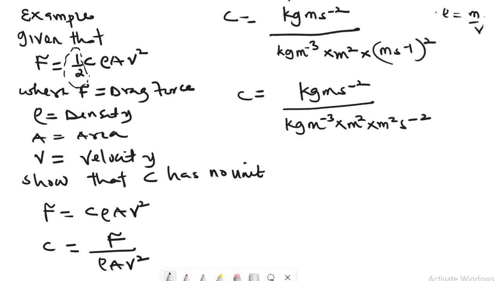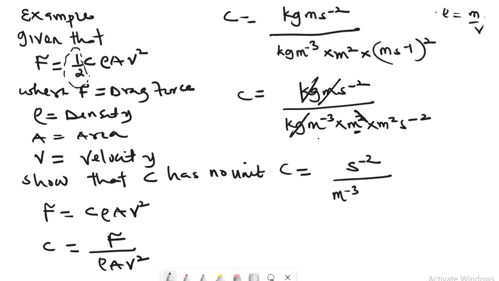Okay, now kilogram cancels kilogram. Now one m cancels one m here. At the end of the day, we have s minus 2 on top. Down, this is m minus 3 here.